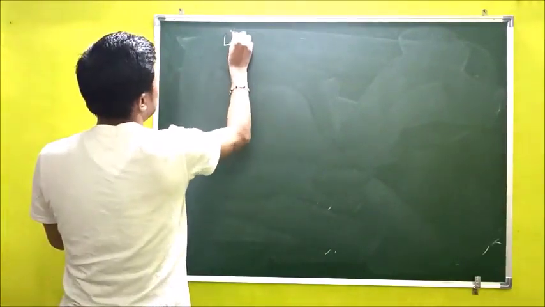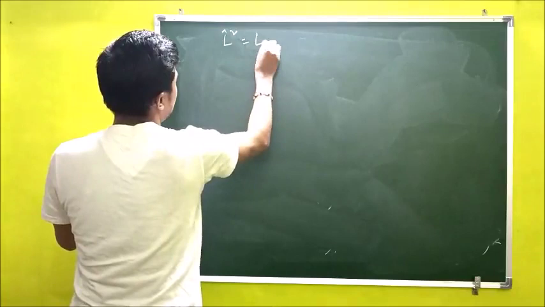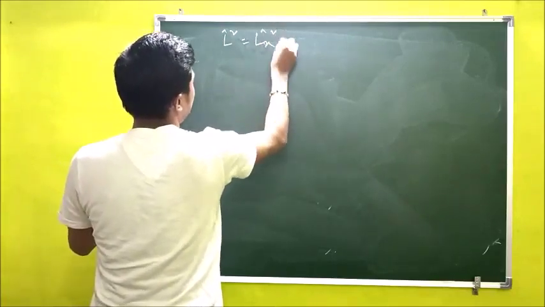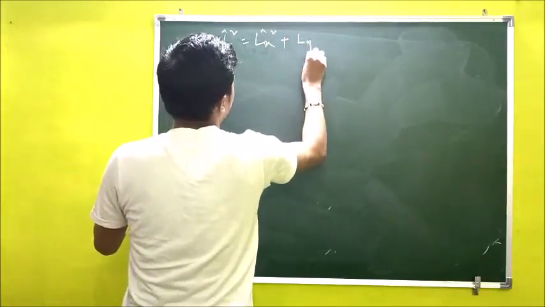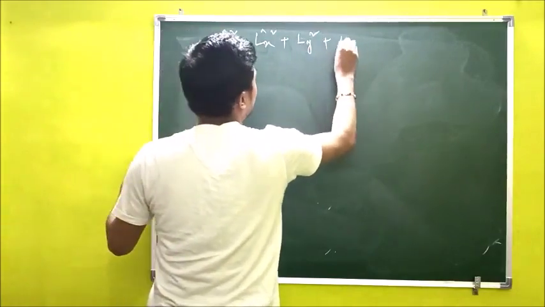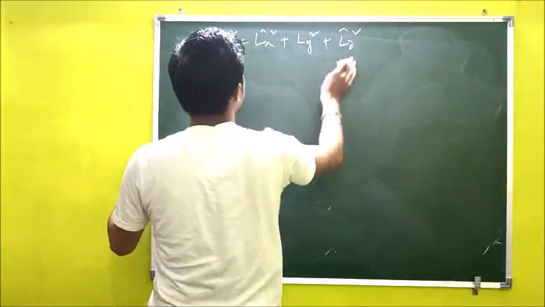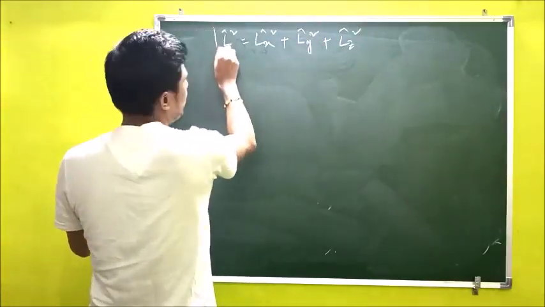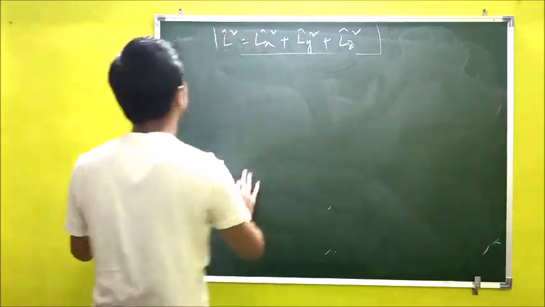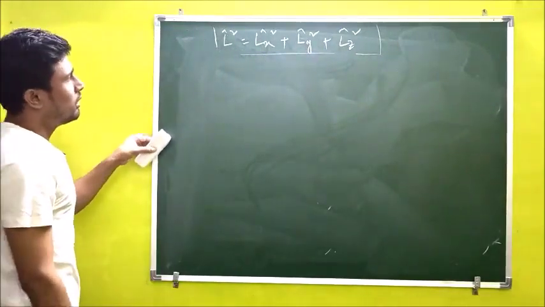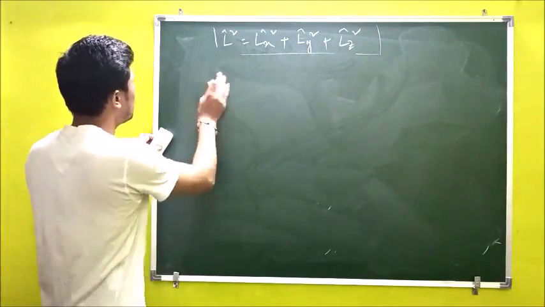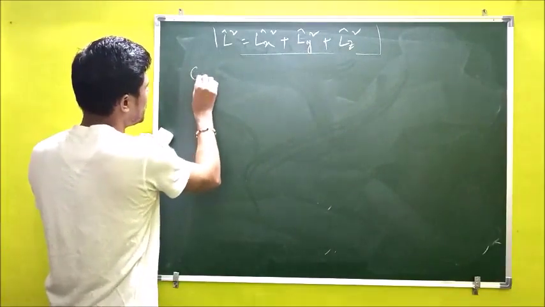You can write L square as Lx square plus Ly square plus Lz square. This you should know; that is vector algebra. Now some commutator algebra we will discuss.